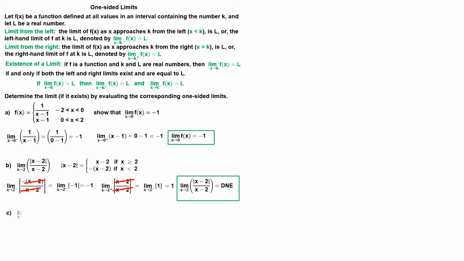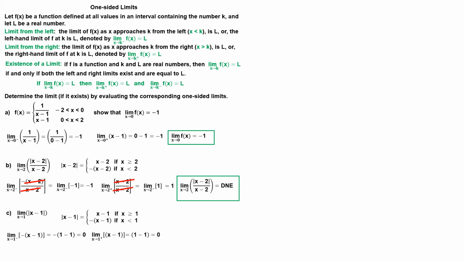Let's evaluate the limit of an absolute value function again. We begin by rewriting the absolute value as a piecewise function. We now evaluate the one-sided limits. As x approaches 1 from the left, f is approaching the value of 0. As x approaches 1 from the right, f is approaching the value of 0.